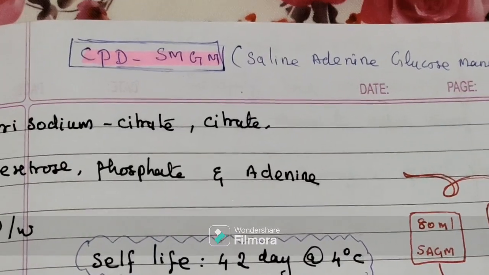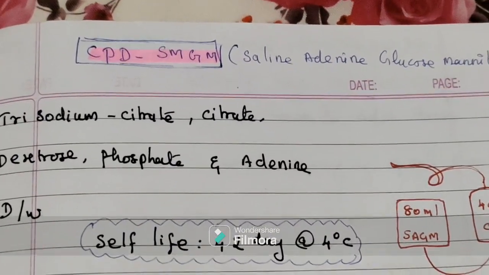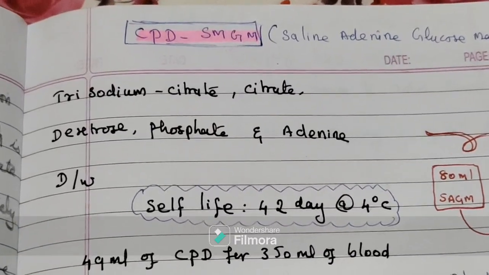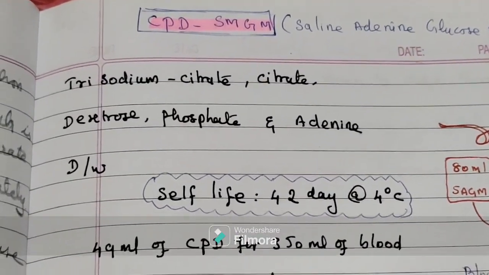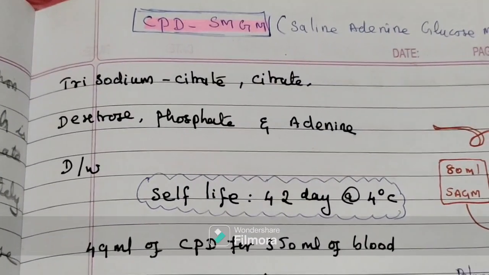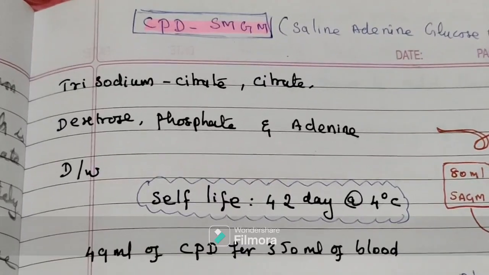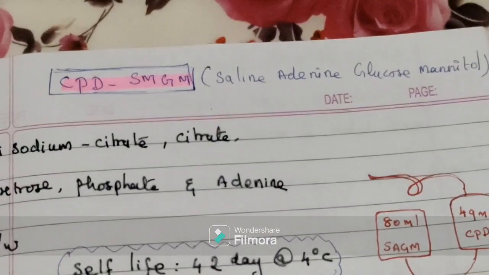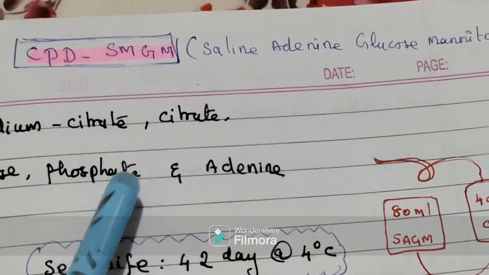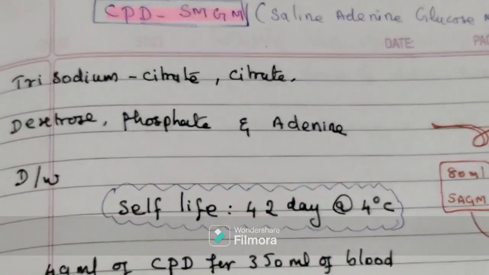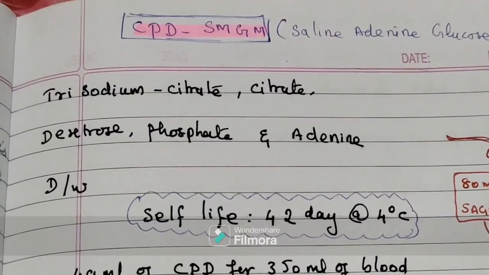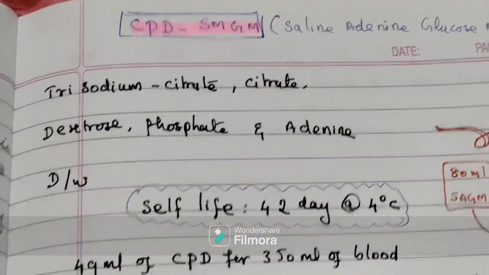Next one is CPD SAGM, saline adenine glucose mannitol. Here CPD acts as the anticoagulant, and SAGM acts as an additional solution. It contains trisodium citrate, dextrose, phosphate, adenine and distilled water.